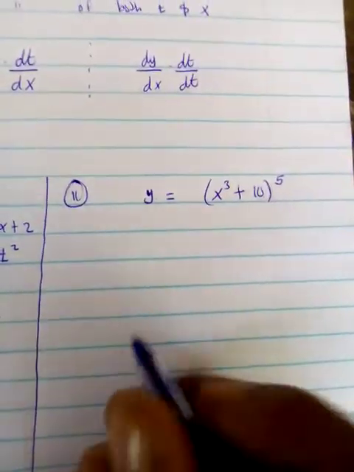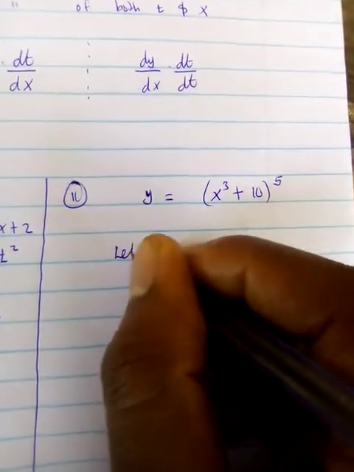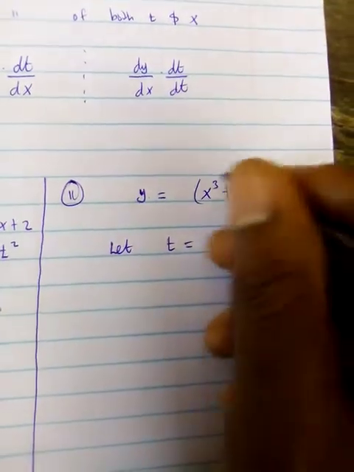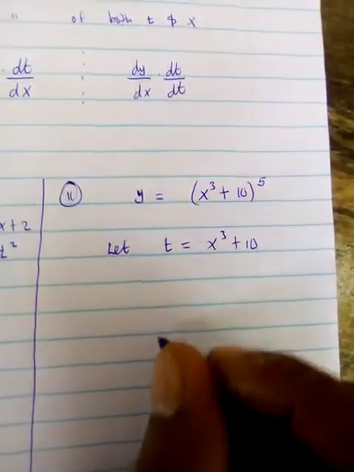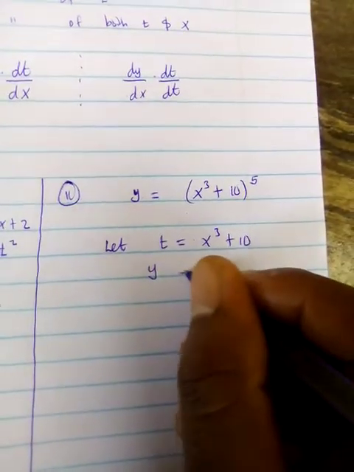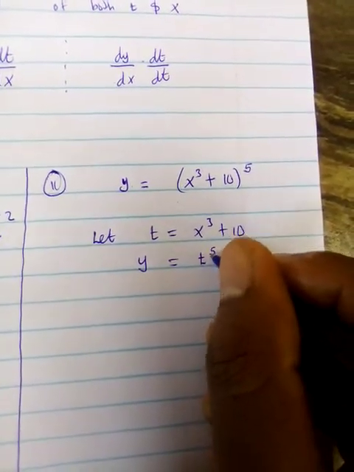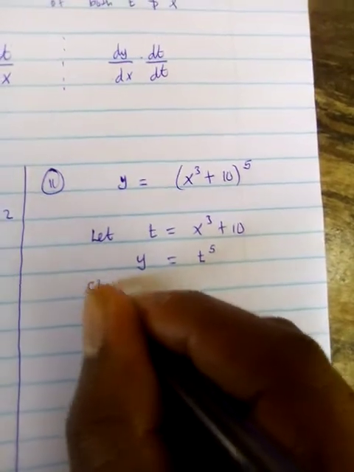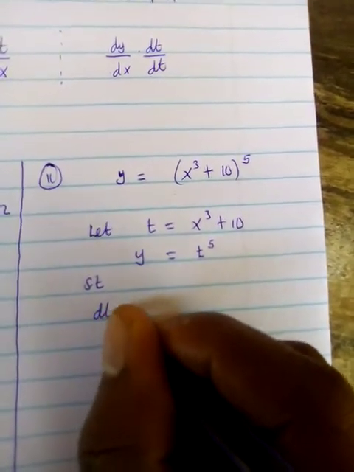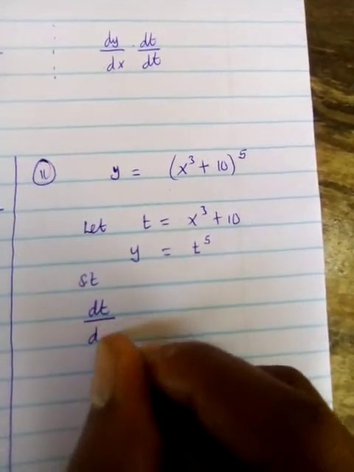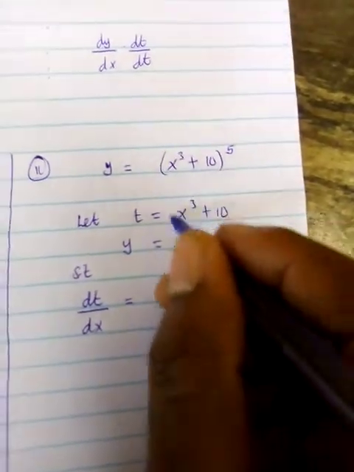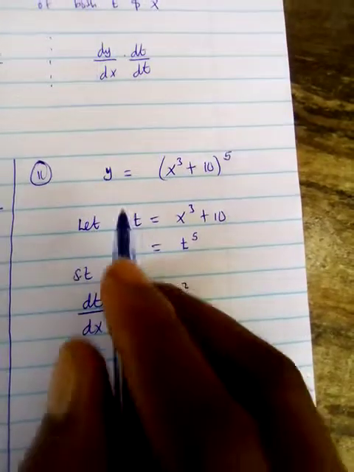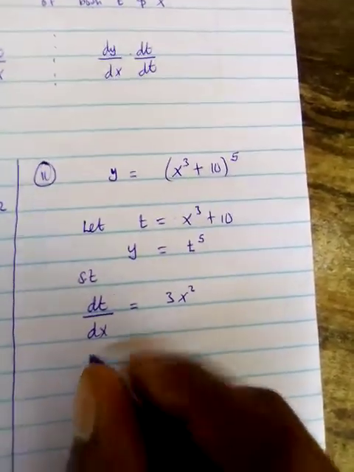I can let t equal what is inside the brackets, x cubed plus 10, so that my y will equal t to the power 5, such that dt/dx is going to equal 3x squared, if I differentiate t with respect to x.